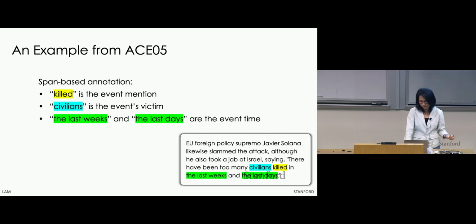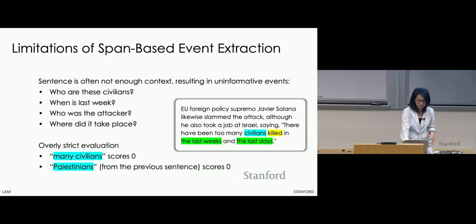So, for example, if you give me this article here, then we would pick out the fact that there are civilians killed is the event that is being mentioned. The last weeks, the last days: what last weeks and what last days? Because that's in the span. In order to figure out what the absolute thing is, it's not that trivial, and it was not covered in the previous work.